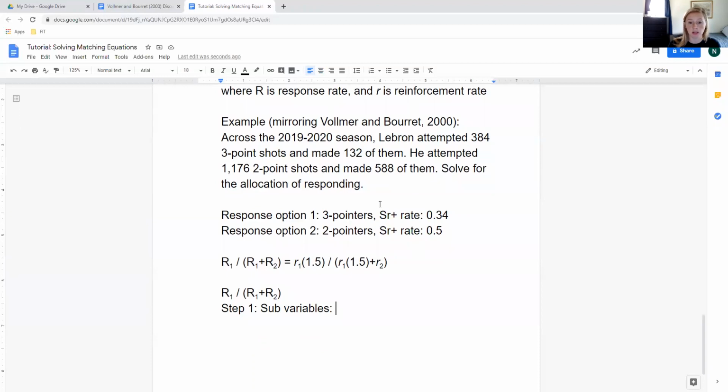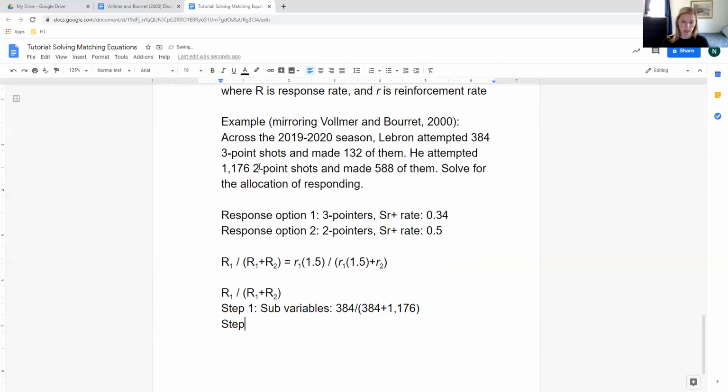So that's going to be the actual numbers of how many he completed, and that'll be the attempts, so 384 attempts, out of a total attempts of 384, that same value, R sub 1 again, plus the attempts for our other response option, so 1,176.